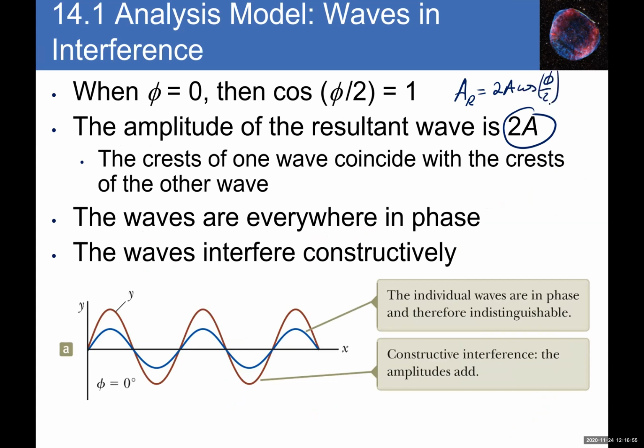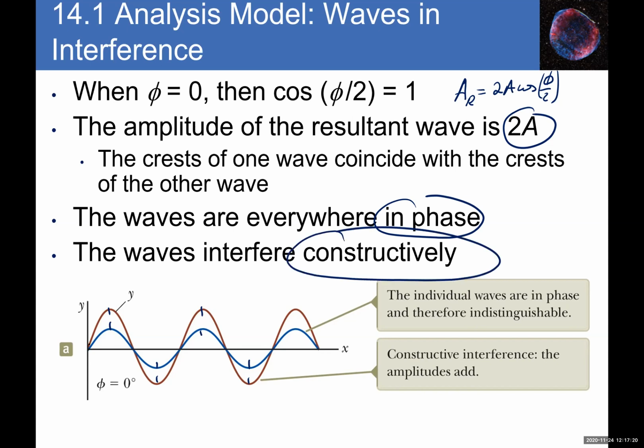So when the cosine of phi over 2 is 1, then it's just 2 times a. That means the crest of one wave coincides with the crest of another wave, trough on a trough. Well, that means the waves are everywhere in phase, with crest on crest and trough on trough, and the waves interfere constructively.